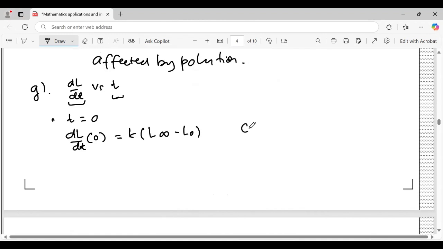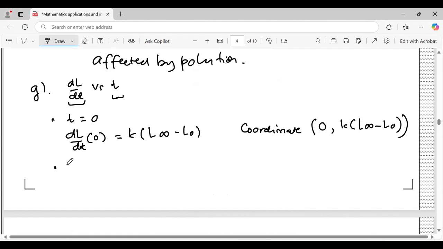The coordinate point is 0, comma, k times L infinity minus L0.